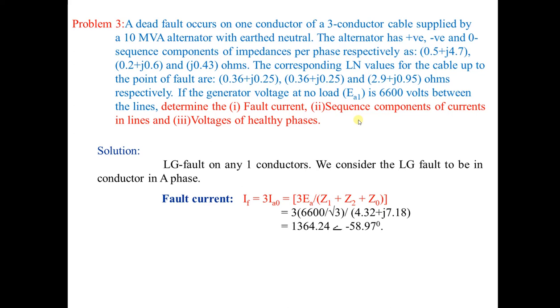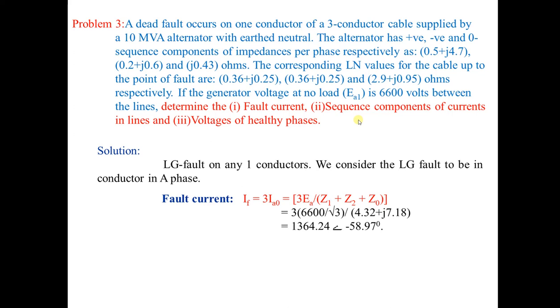And next is related to line to ground fault of any one conductor. Okay, 3 conductors. Apart from this, one conductor is supplied to a 10 MVA alternator with earth neutral. So the alternator has positive, negative, zero sequence impedance as the given values 0.5 plus J 4.7, 0.2 plus J 0.6 and J 0.43 ohms.